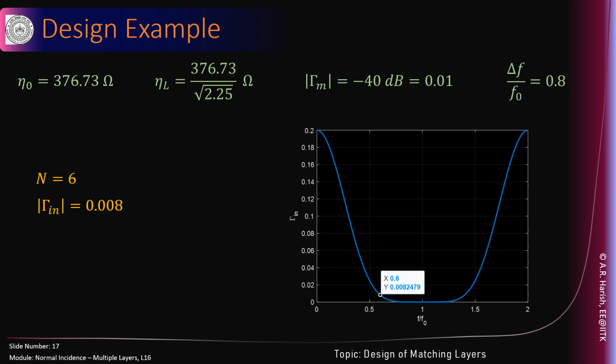And inside the band, everywhere, the reflection coefficient is always better than the value that is found at the edge of the band. This is number one. Number two, as we increase the order of the matching network, this curve becomes flatter and flatter. And that is how you are able to achieve broader bandwidth, wider bandwidth for a given value of gamma m.